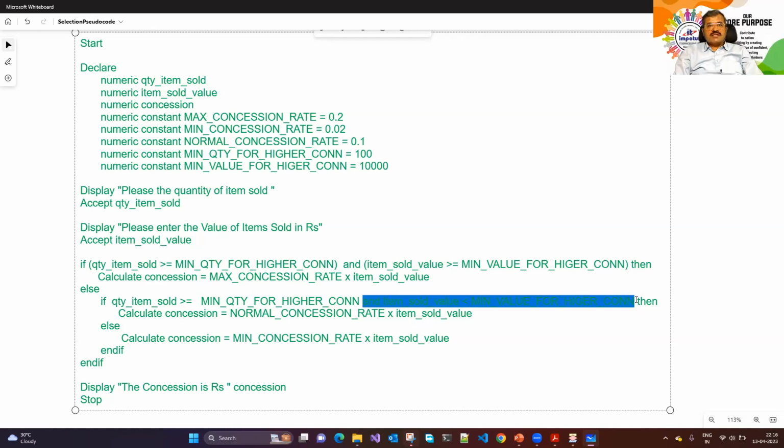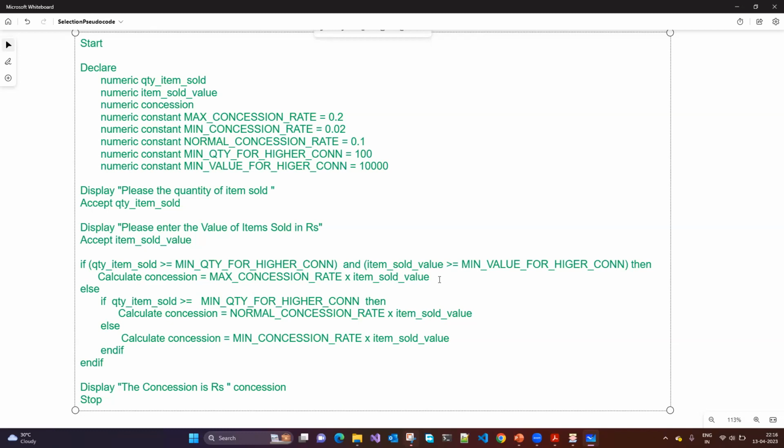If I don't give this, give me a scenario where it will fail. Say 10% of the value sold. Give me a scenario, sir, where it will fail. When the quantity of items is less than 100, say the quantity is only 50.